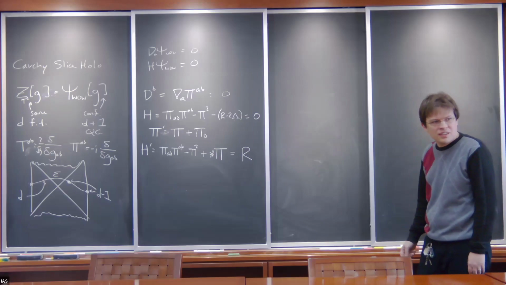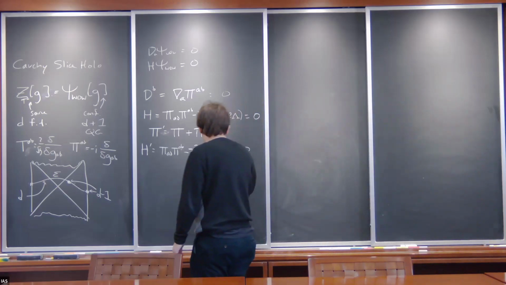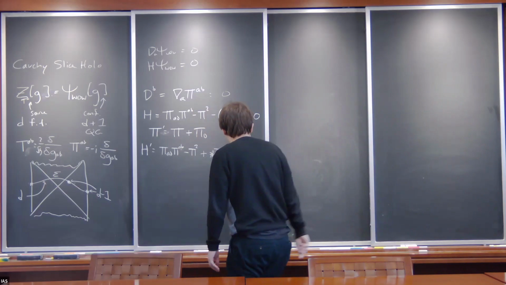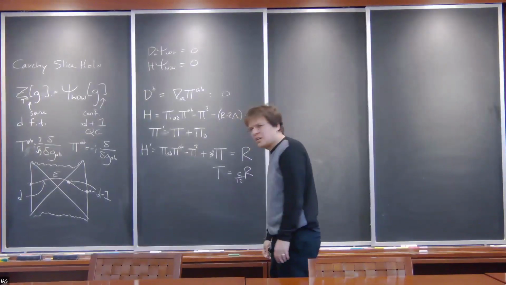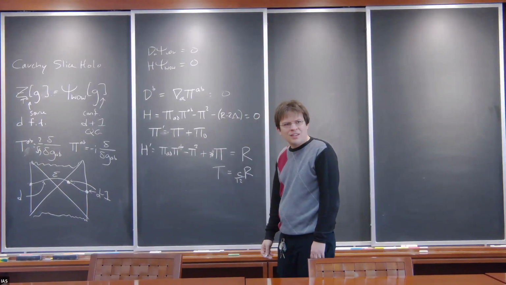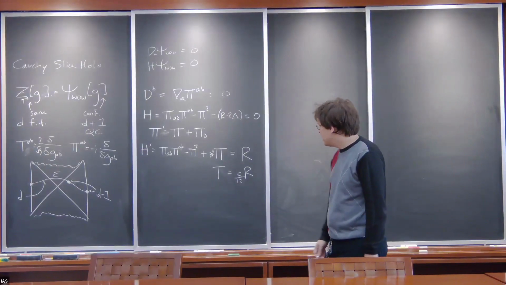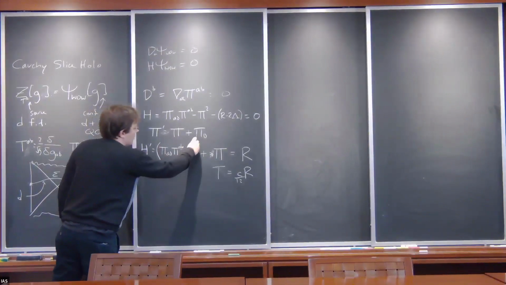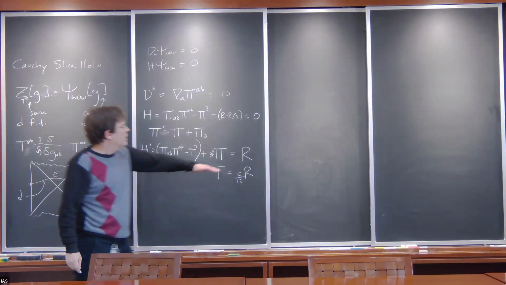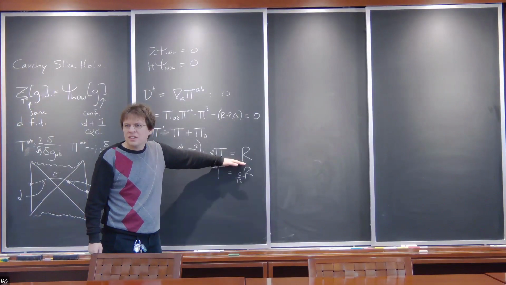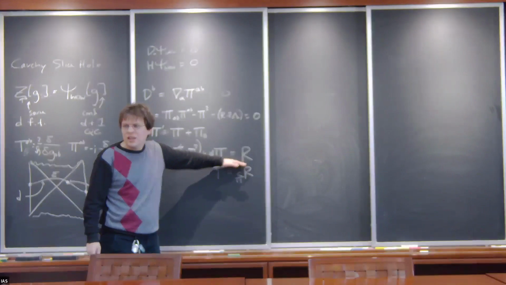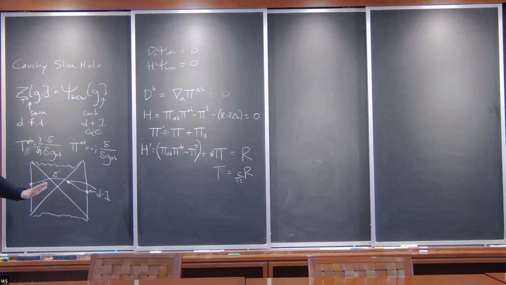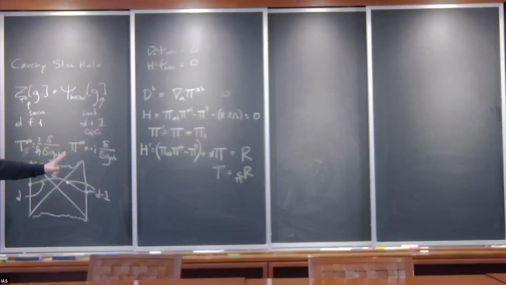So in a CFT, we have that the stress tensor T is given by the central charge, it was 12 or 6 or something, times R. And so what you see is that this equation looks like the conformal anomaly equation in the limit that you take the square root of g, the volume form, and you take it to infinity.